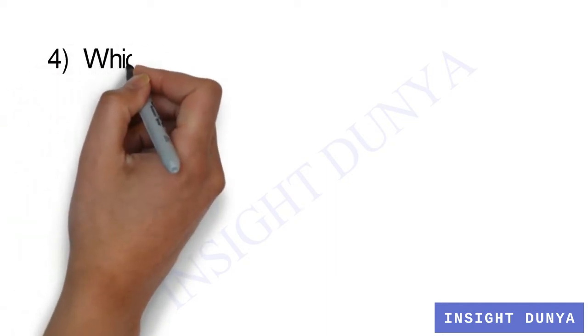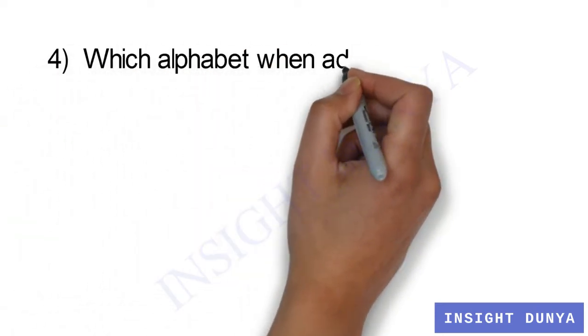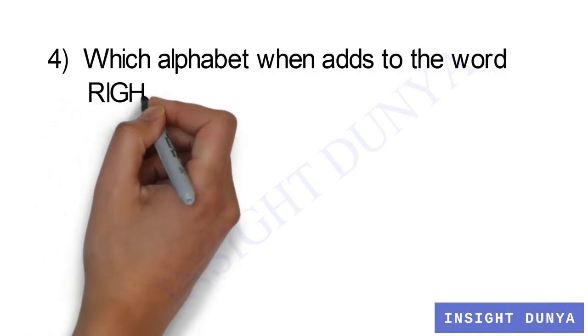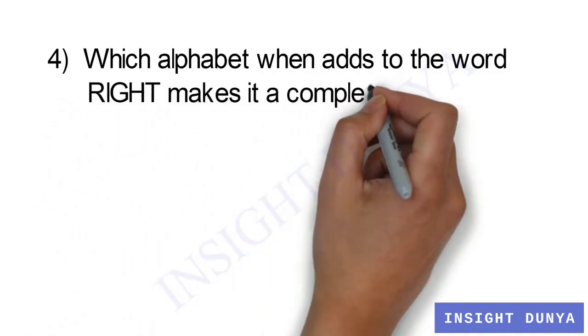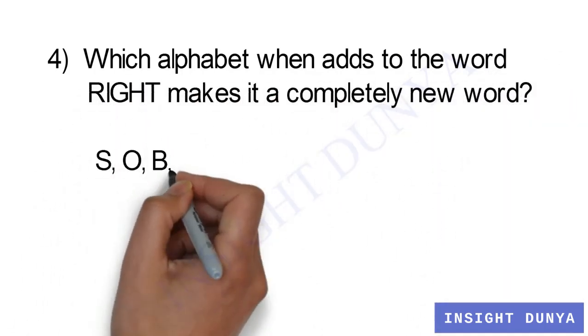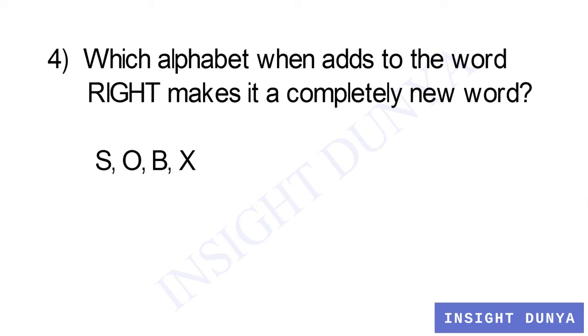Question number 4. Which alphabet, when added to the word right, makes it a completely new word? Now I try one by one. If I place the alphabet S at the end of the word right, it becomes rights.